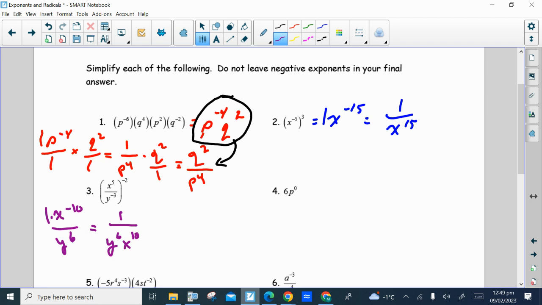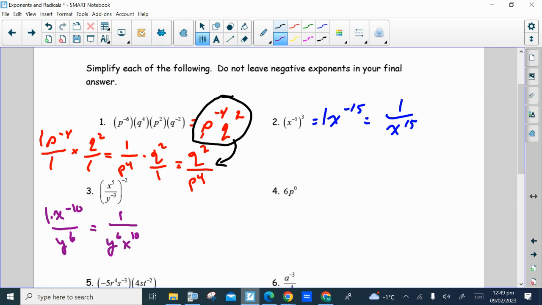You could put the x to the 10 first, the y to the 6 second on the bottom. When you multiply two things together, order doesn't matter. 2 times 3 is the same as 3 times 2. But we can just move the x down to the bottom so it becomes a factor of the bottom, and then the exponent sign becomes positive.